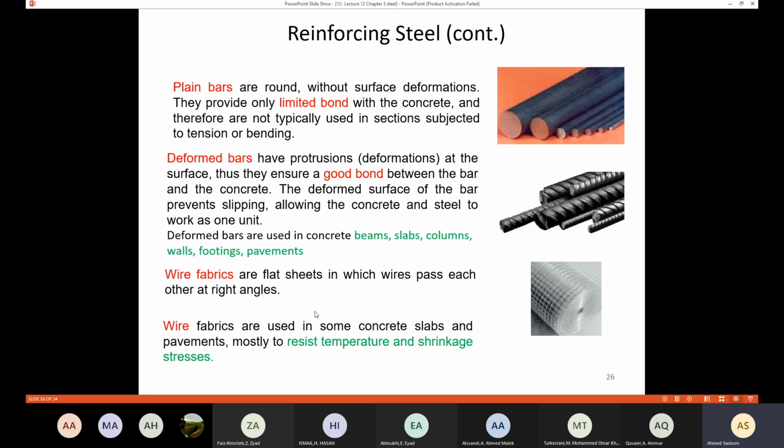So this one is not going to be used in order to take care of the tension or the bending. This one is mostly for resisting temperature, because the temperature might rise or might fall, and that is going to cause a problem. So mainly we use the wire fabrics in order to resist temperature and shrinkage stresses.